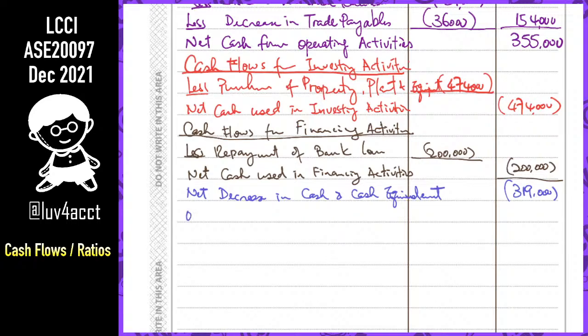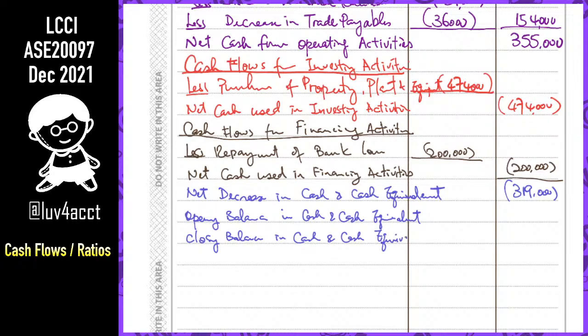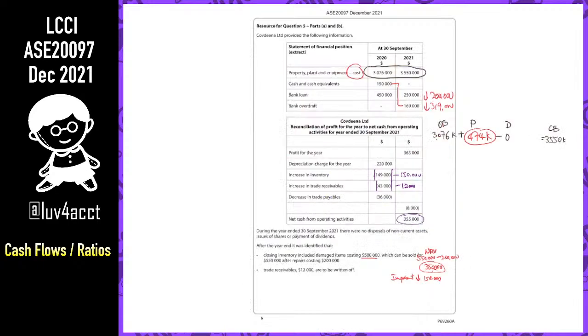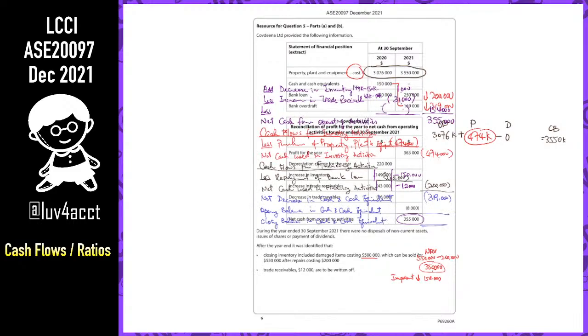Okay, so you have opening balance and closing balance in cash and cash equivalent. So opening being 150 and then 169 being closing negative balance.